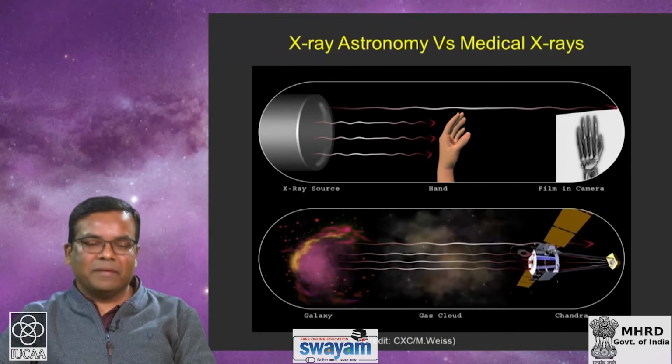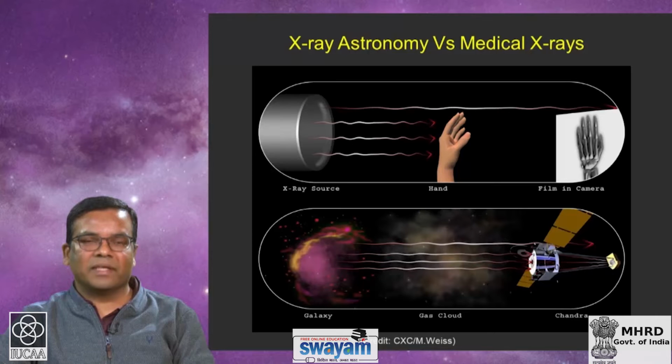In X-ray astronomy, the X-ray generator is replaced by a cosmic X-ray source, which is very far away. This cosmic X-ray source gives rise to X-ray radiation, which passes through the intergalactic medium if it is outside the galaxy, as well as the interstellar medium, before reaching above the Earth's atmosphere, where our X-ray observatories are kept.